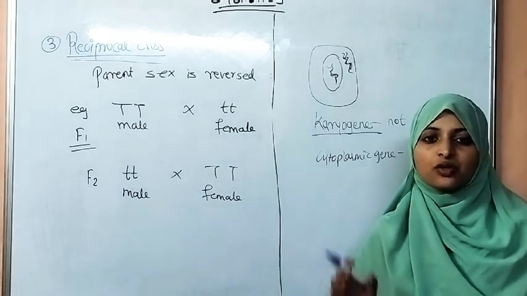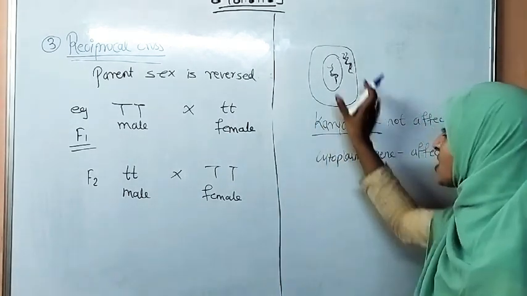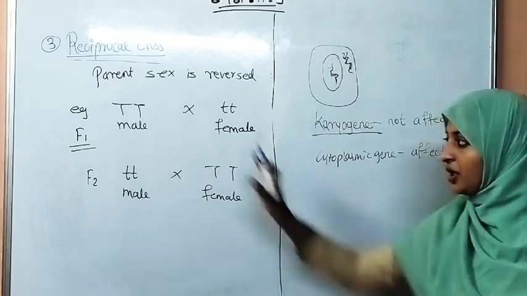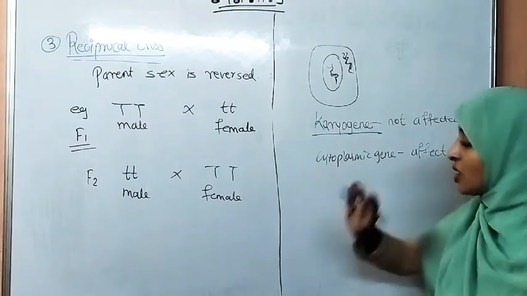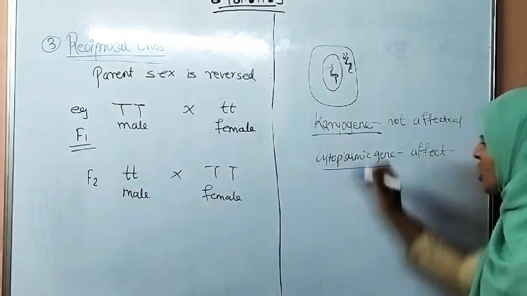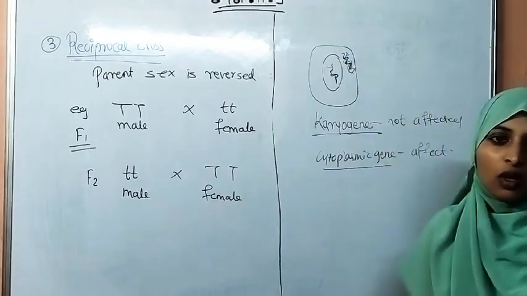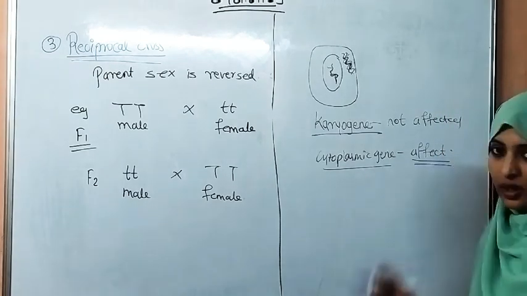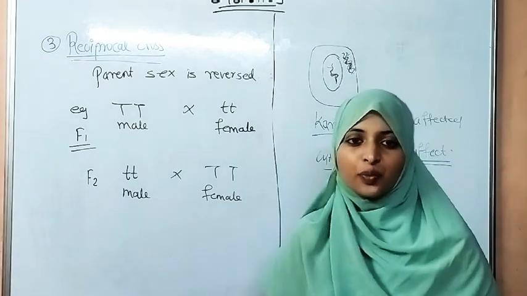Karyo belongs to the nucleus. So the gene present inside the nucleus is not going to change or get affected by such things. But the cytoplasmic gene may vary or inherit its character and get affected. So there is a need for a reciprocal cross.